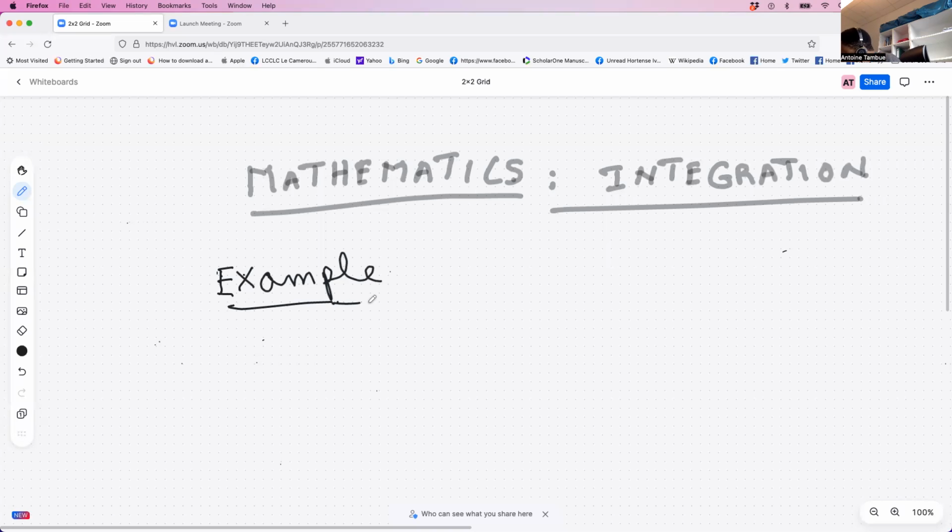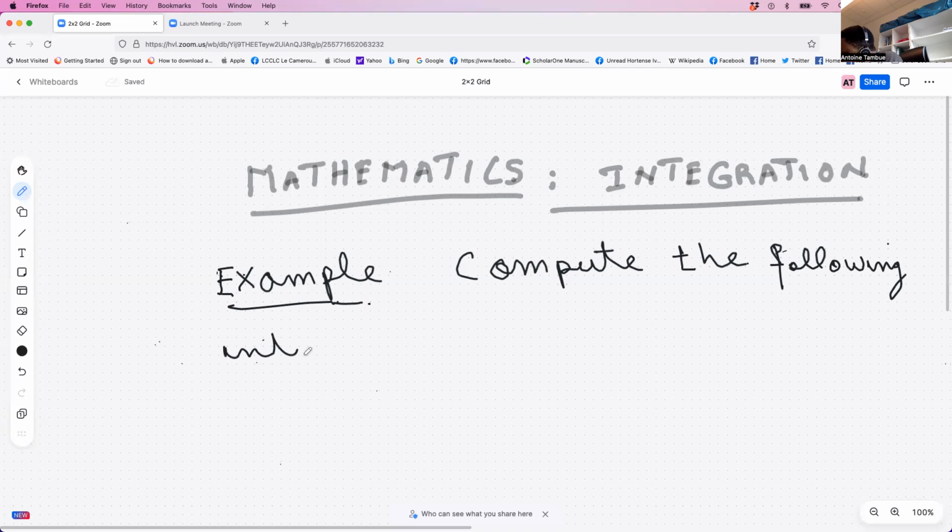In this example, you want to compute the integral from 0 to 1 of x squared dx.